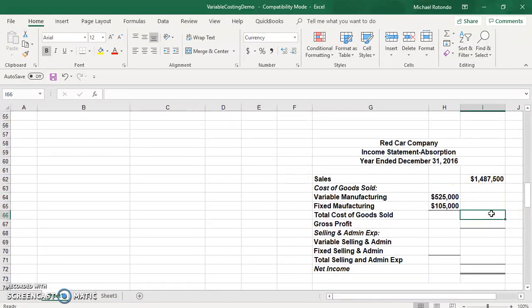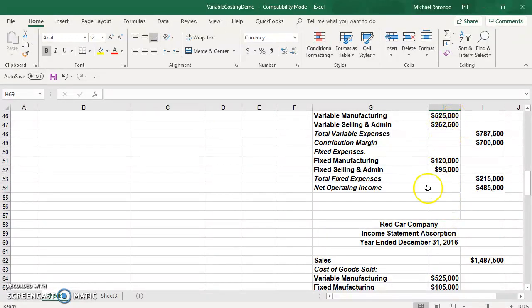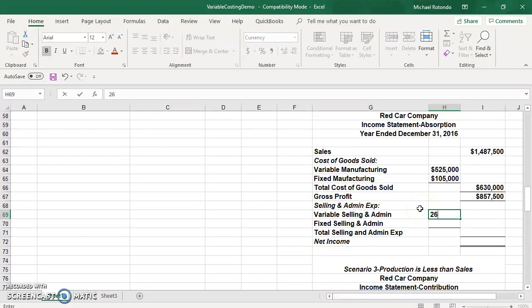So our total cost of goods sold here is going to be $630,000. So our gross profit will be $857,500. So our variable selling and admin would be the same as it is up here, $262,500.